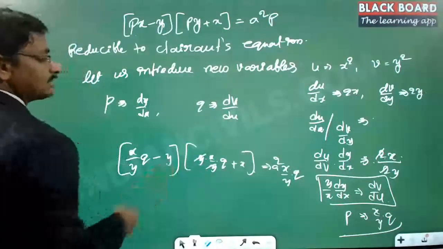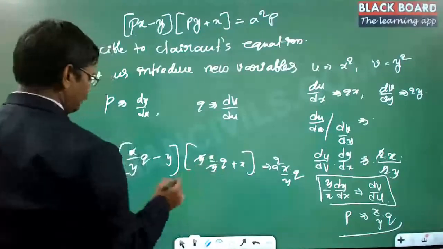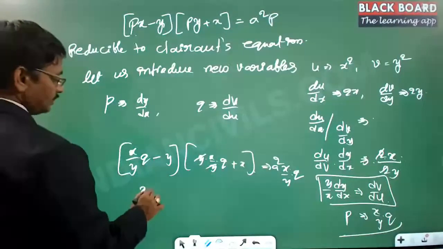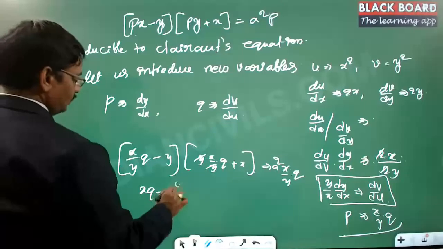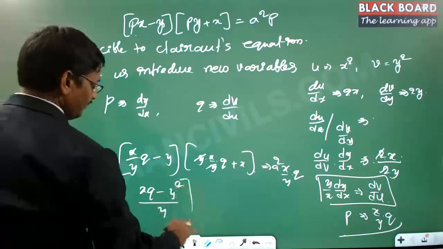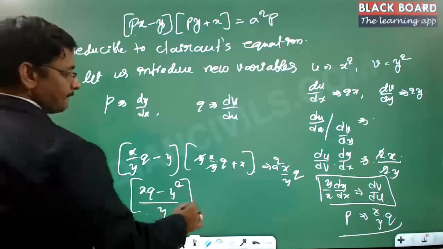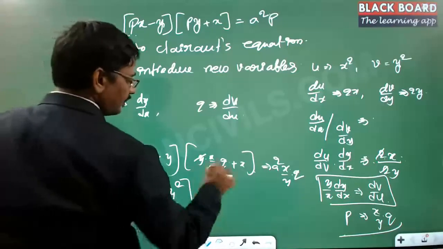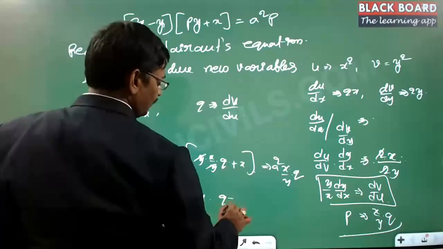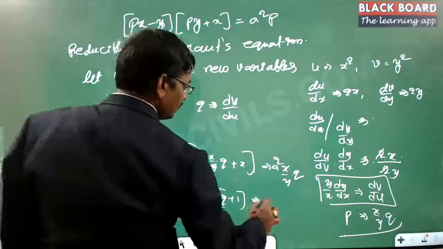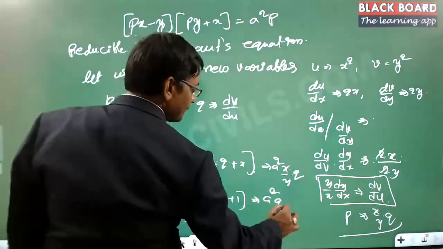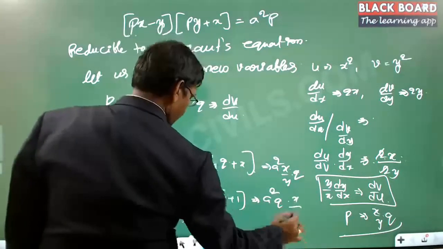And this y will cancel, and so this is (xq - y²) divided by y, and x you can take out common, so this is (q + 1) equal to a² q times x by y.